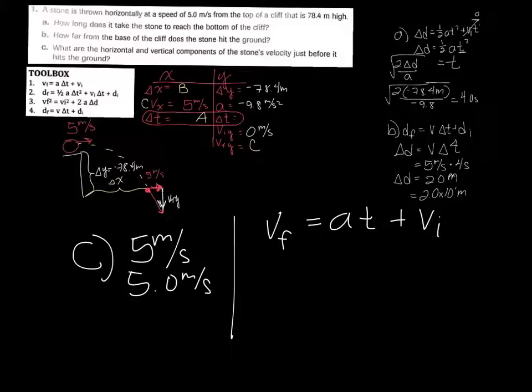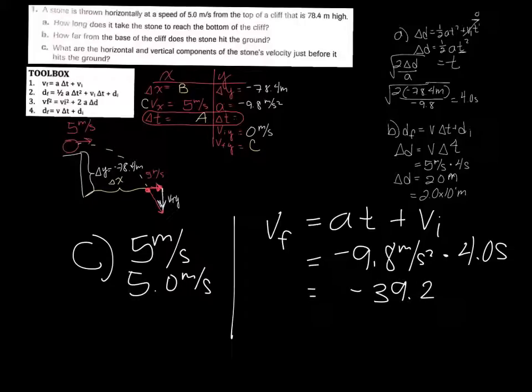And we know that our acceleration is negative 9.8 meters per second squared times our time, which is 4 seconds. Initial velocity was 0, so I just need to multiply those and find my final answer, which is negative 39.2 meters per second, or with just 2 sig figs, negative 39 meters per second.